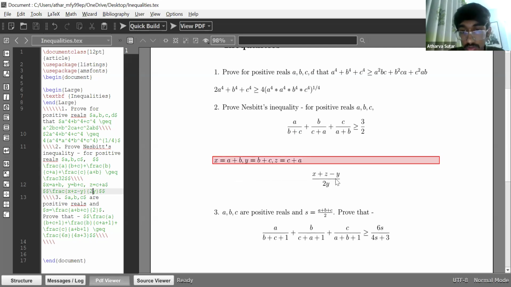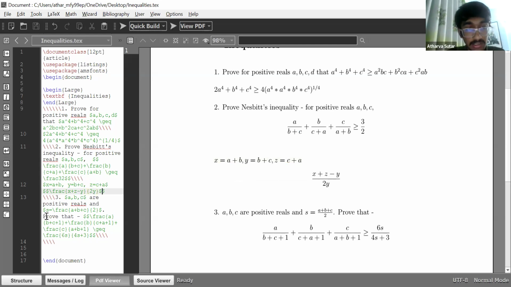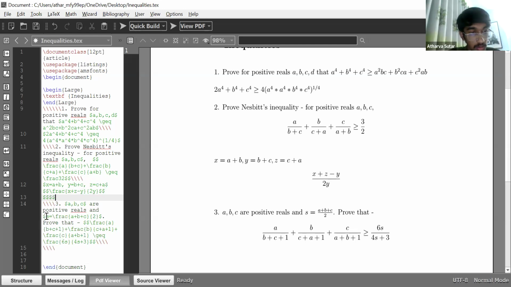Yeah, so this just becomes minus 1 by 2. And this becomes x plus z by 2y. So you get the final inequality as x plus z upon 2y plus y plus x upon 2z plus z plus y upon 2x is greater than or equal to 3, which is something like this.